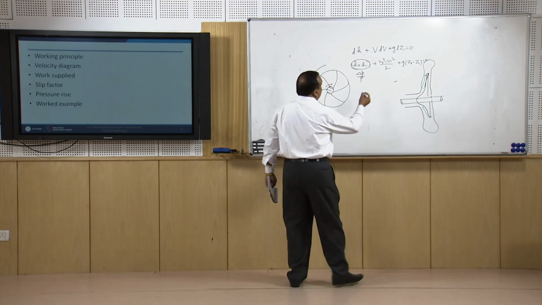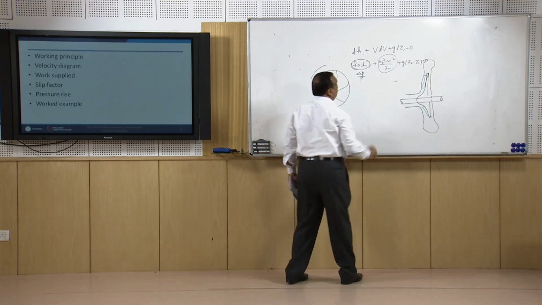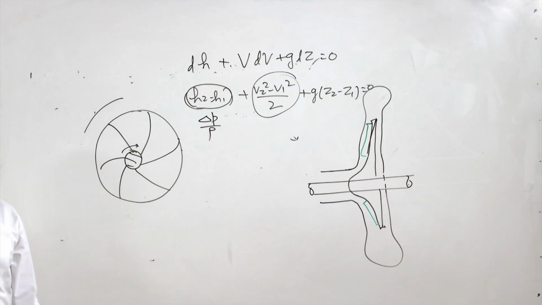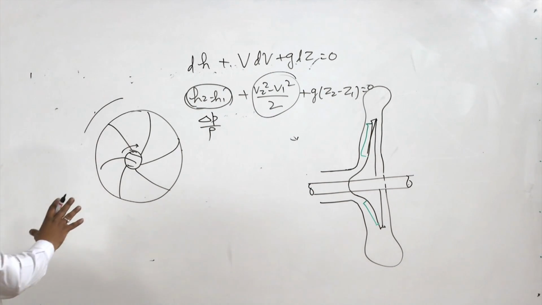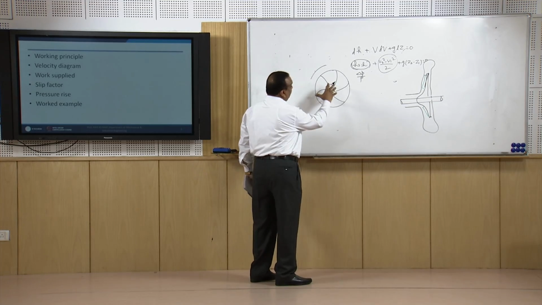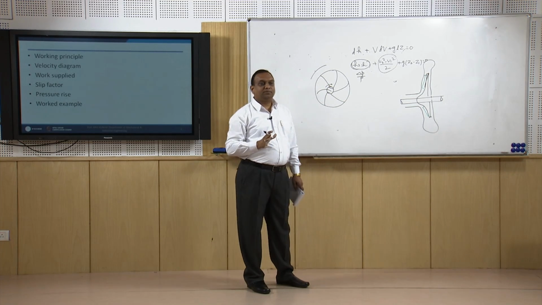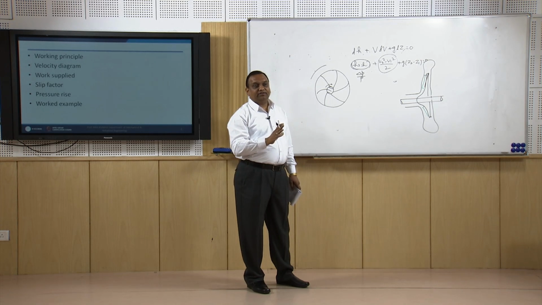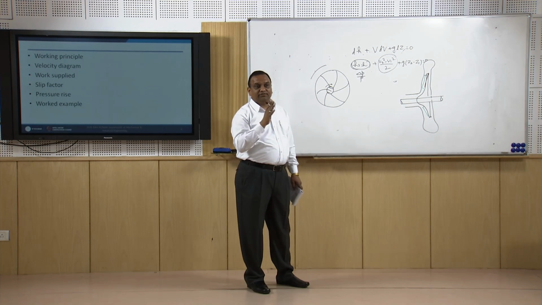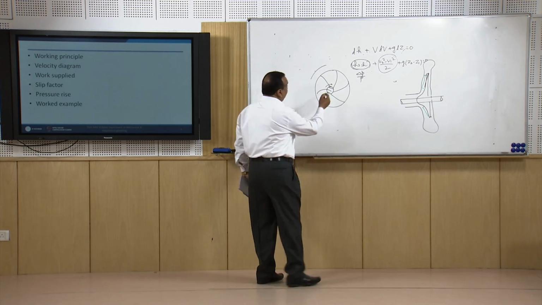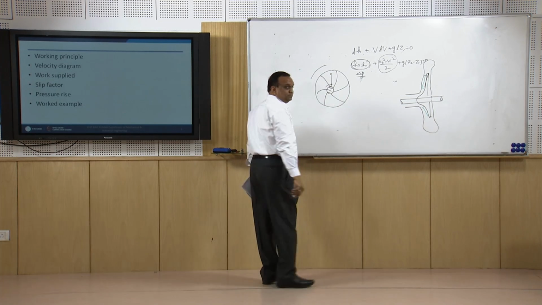So, the kinetic energy is imparted to the gas. Physically, if you look at the working of the centrifugal compressor, the air comes in contact with the impeller and kinetic energy is imparted to the air. Then the air moves in the outward direction.